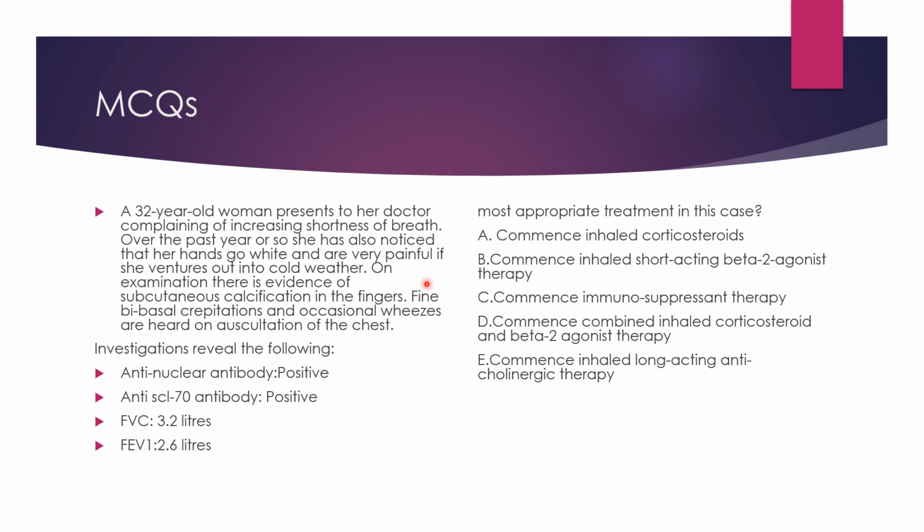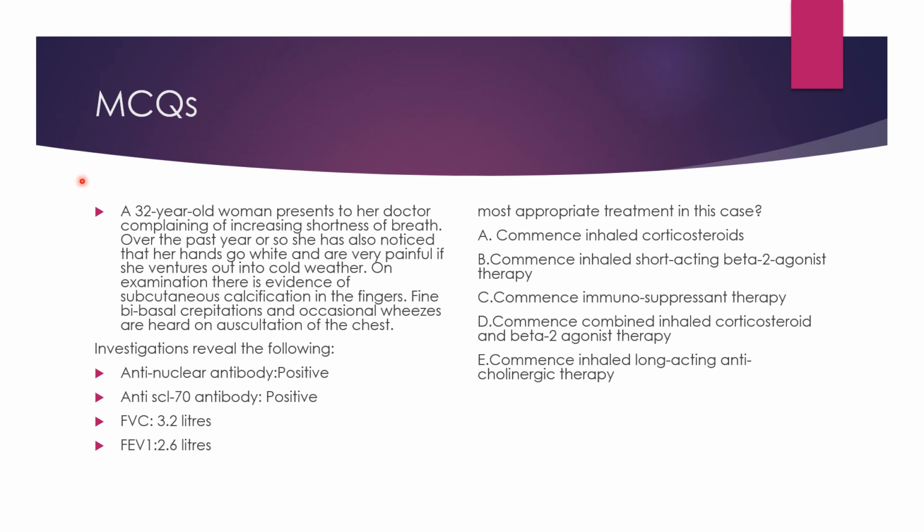The options had inhaled corticosteroids, beta agonists, and long-acting anticholinergic therapies, which are usually used in COPD and asthma. So it is important in this MCQ particularly to calculate the ratio to see if it is restrictive or obstructive.